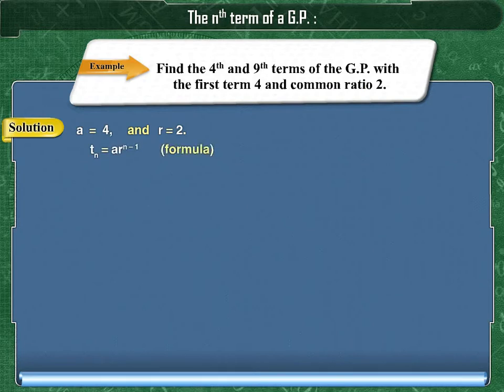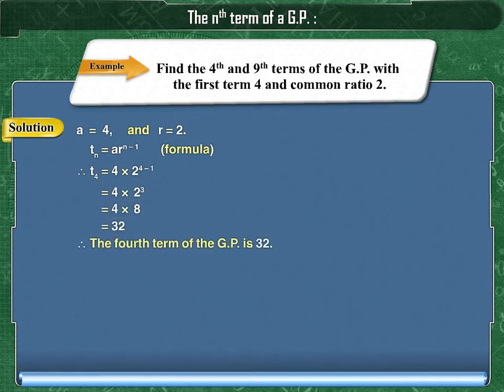To find the 4th term T4, we have to substitute n is 4, A is 4 and R is 2 in the formula. Therefore, T4 is 4 into 2 raised to 4 minus 1, which on simplification is 32. Therefore, the fourth term of the GP is 32.